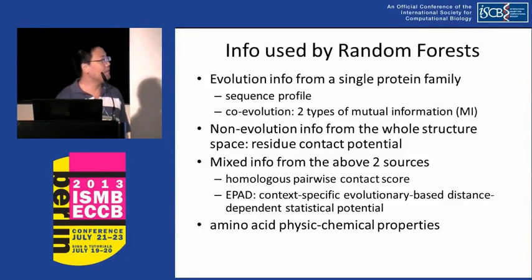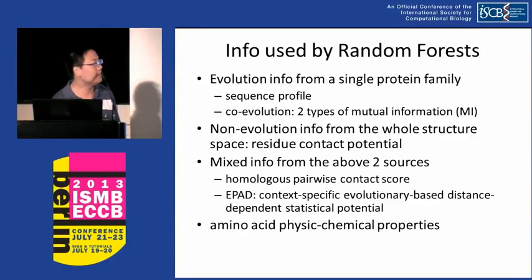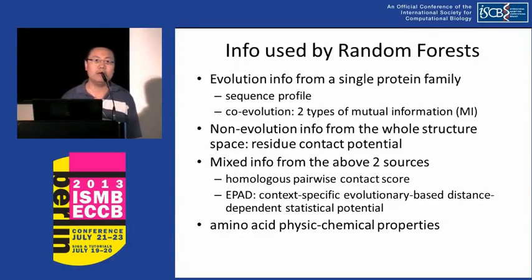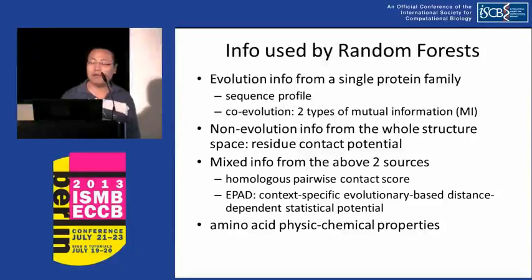This slide shows you the information used by our machine learning model. First, we use evolution information in a single protein family, like the sequence profile, and we also use the residue co-evolution information. We use two types of mutual information here, which will be detailed later. Then we also use the non-evolution information derived from all the solved structures, like the residue contact potential.